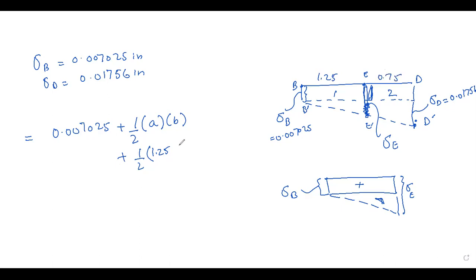Okay, so A is 0.7, and what is B? Now this is the tricky part. This one is a deflection at B. We have to determine this one. So what is the total deflection here?